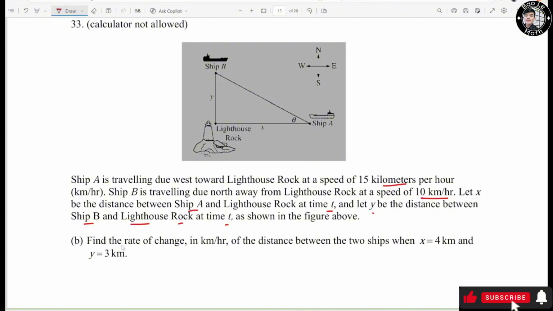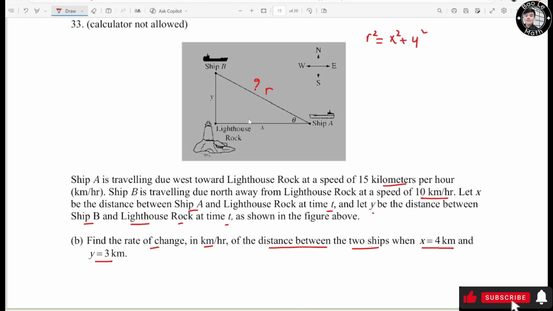Now question B. Find the rate of change in kilometers per hour of the distance between the two ships when S equals 4 kilometers and Y equals 3 kilometers, right? So we need to find this guy right here, right? Now I name this one R, right? So I have R squared equals S squared plus Y squared by the Pythagorean theorem, right?